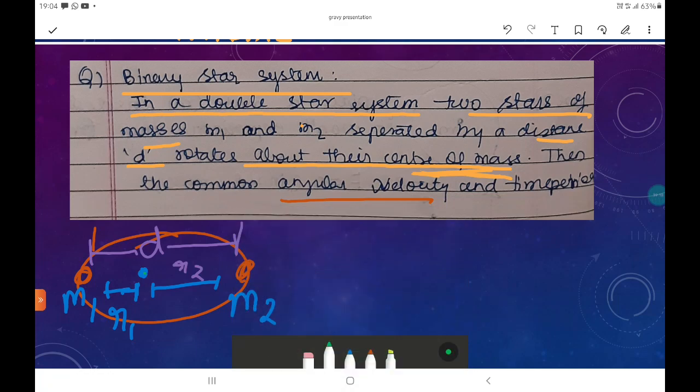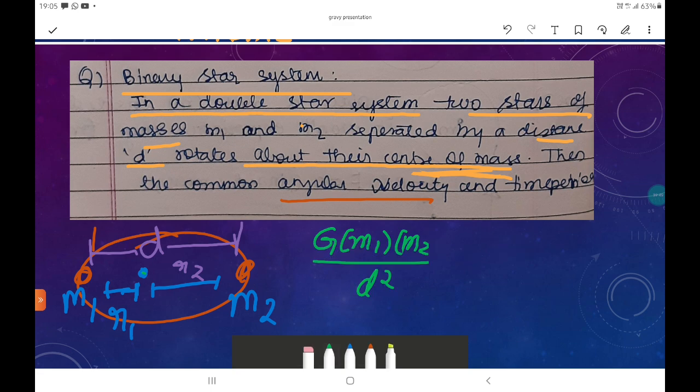We need to equate the centripetal force with the gravitational force of attraction. For the first mass, it will be G into m1 into m2 upon d square is equal to m r omega square, so the mass of the first body and r1.